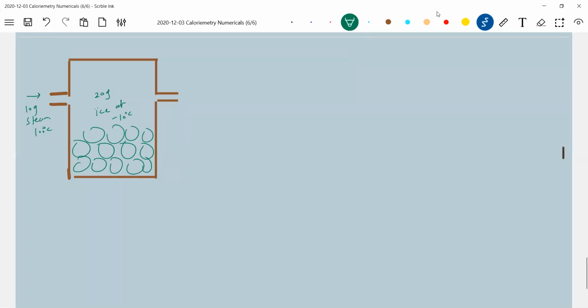I'll send it. What will be the final temperature of the calorimeter? Final content and temperature of calorimeter. Water equivalent of calorimeter negligible. This is the initial.